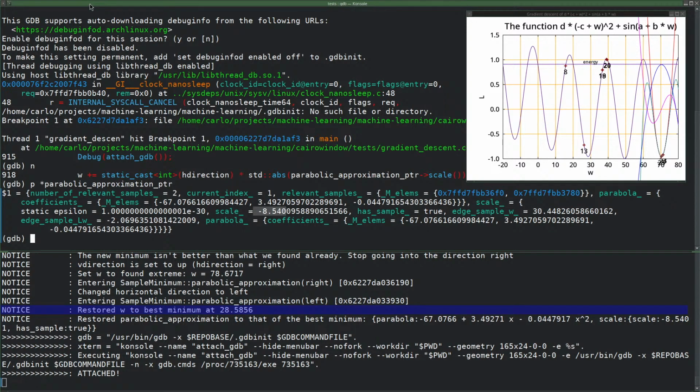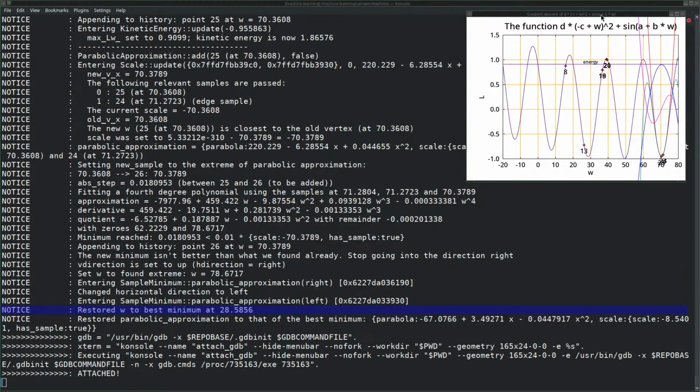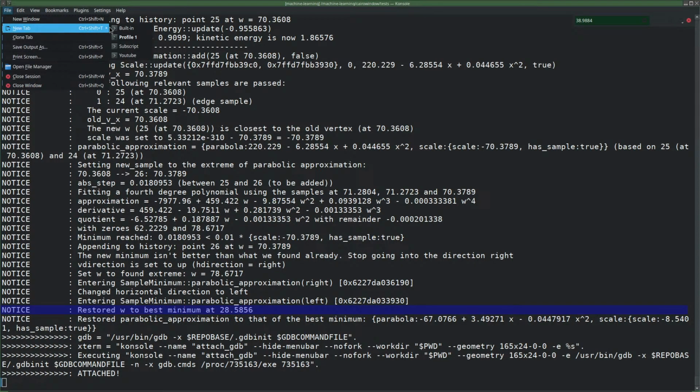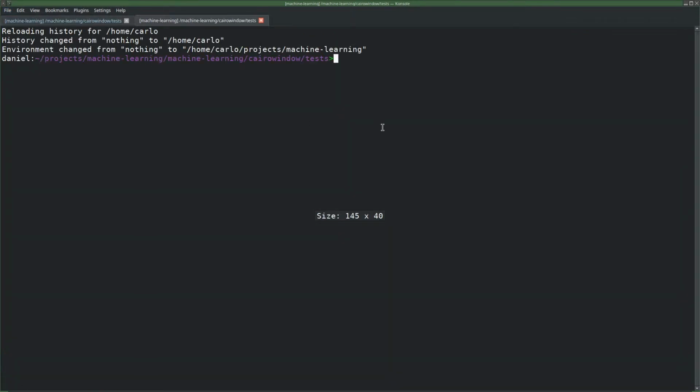Let me put this here. This one. Go to make a new tab. What was this one still on?